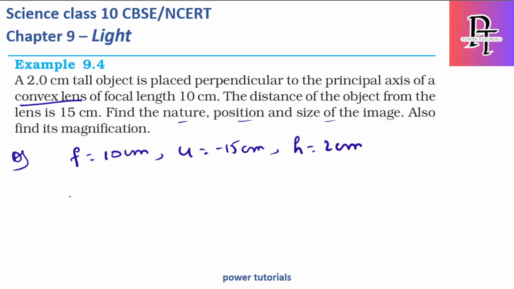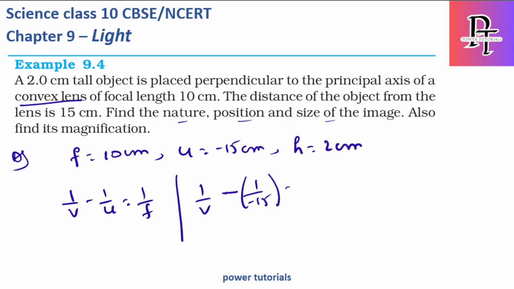Same way, first thing, for lens, it's not 1 by u, it's 1 by v minus 1 by u is equal to 1 by f. 1 by v we need to find, minus 1 by u, which is -15, so minus 1 by -15 is equal to the focal length, which for a convex lens is positive only.